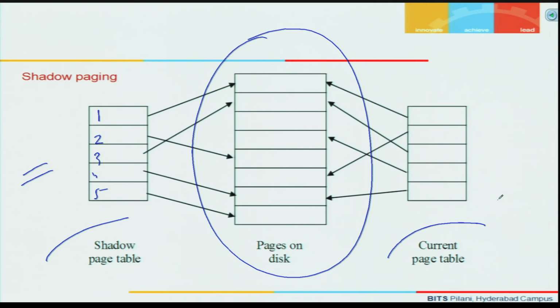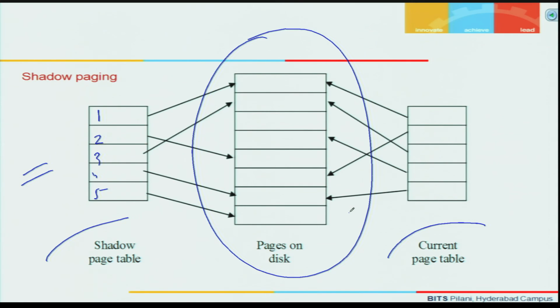But when a transaction modifies a disk block or a page, the current page table entries are modified. Whenever there is a failure, the older values of the data items or blocks on the disk are still available with the shadow page table, and we can always access the older values using the information available with it. This is how it works.